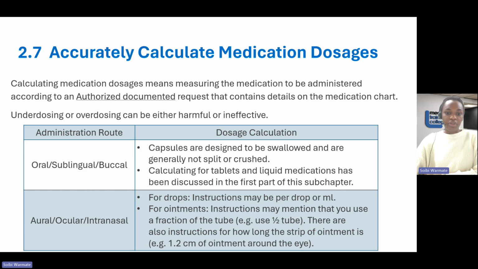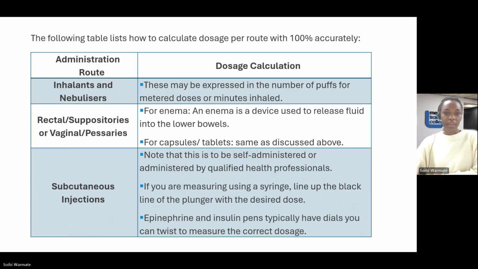For the ocular, oral, and intranasal, you just need to follow the care plan, which will be written in the medication chart. So these are drops, ointments, and the instructions will be given by the health practitioner. Inhalants and nebulizers are expressed in puffs and metered doses, which will be instructed by the practitioner as one puff or a certain metered dose.